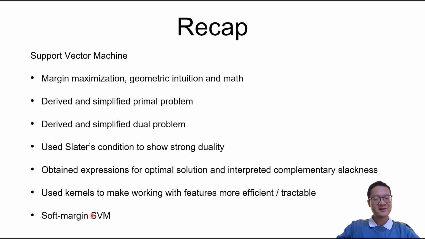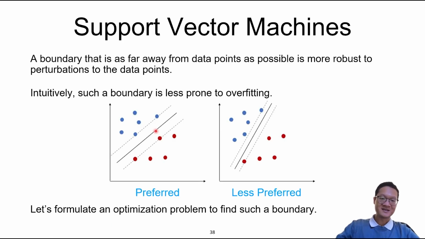We then interpreted the optimal solution using KKT conditions. In particular, we looked at the last of the KKT conditions, which is called complementary slackness. And that basically allowed us to formalize the intuition behind support vector machines, where we have some support vectors which are on the margin that solely determine the hyperplane.